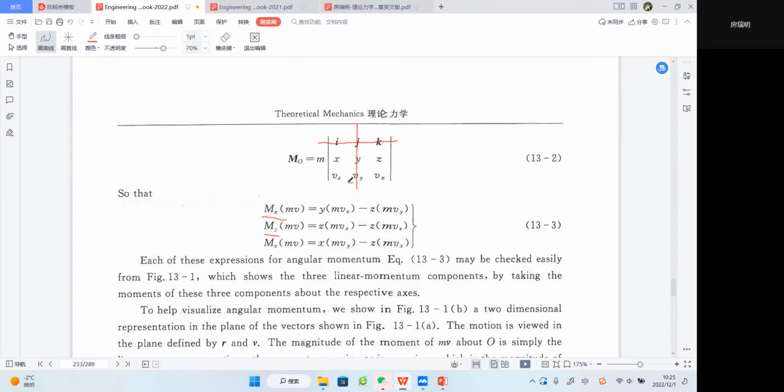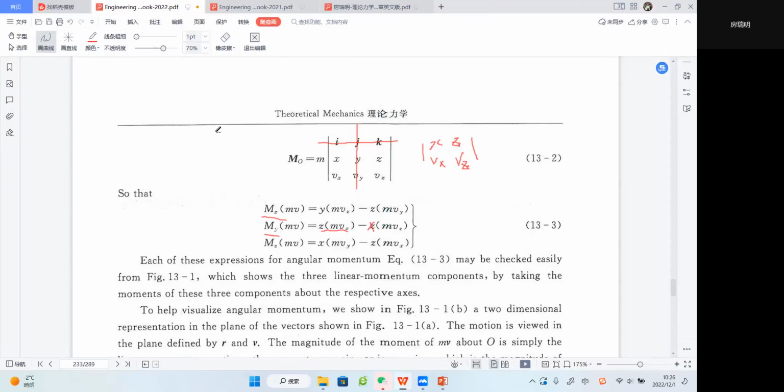So that means we should use z m vx to be positive, and then minus x m vz. So for the middle one, we just need to find this x, z and vx, vz, but this time we should use z times m vx minus x m vz.